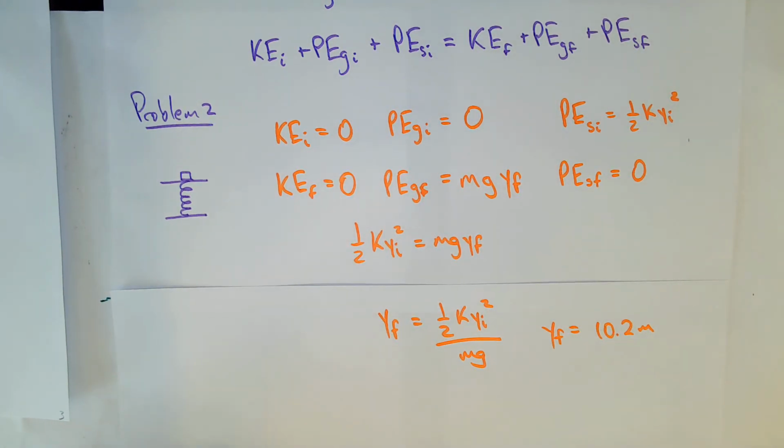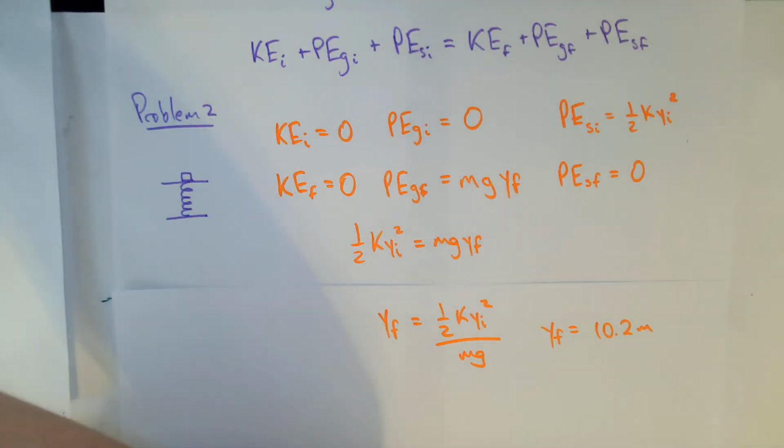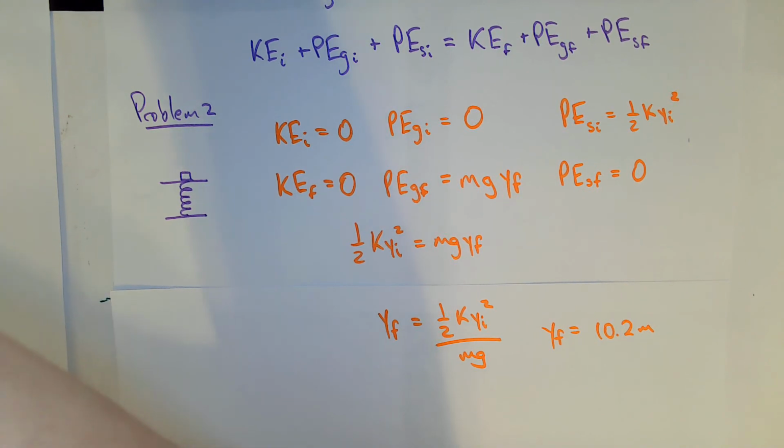I'm going to do it again and make sure I did that right. So I'm getting 500 times 0.1 times 0.1, and then divided by... yep, okay, 10.2. All right.